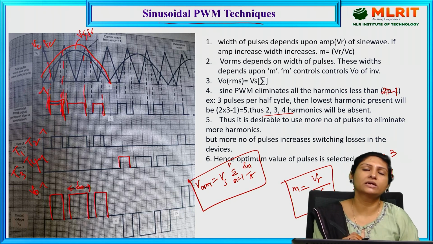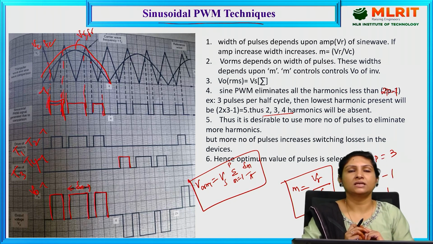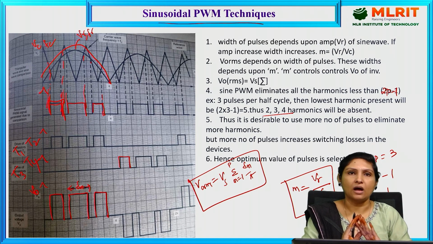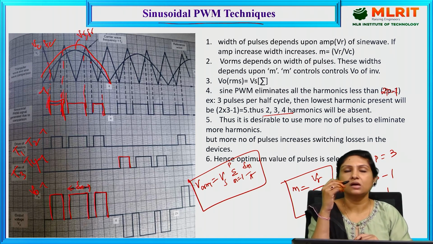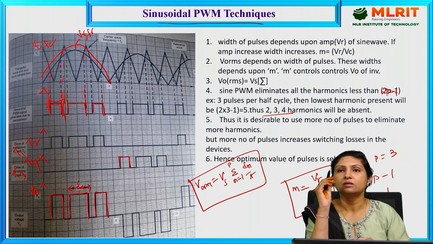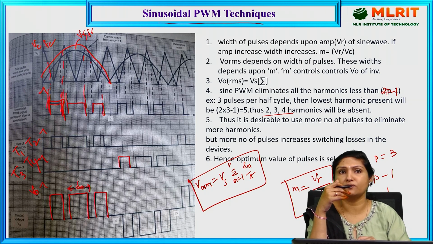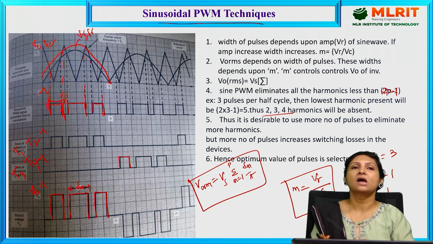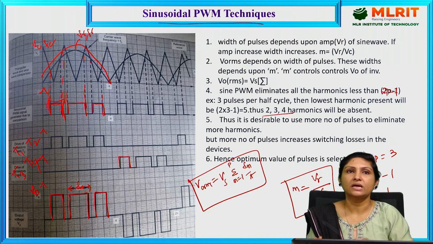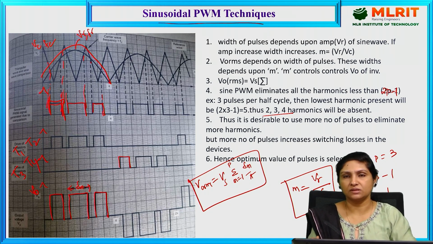Why am I calling it an advantage? See here, harmonics are an unnecessary thing. Harmonic is nothing but the distortion from the actual sinusoidal waveform, and because of these harmonics, losses are induced into the system, and at the same time heating will be increased, which ultimately reduces the efficiency of the system.